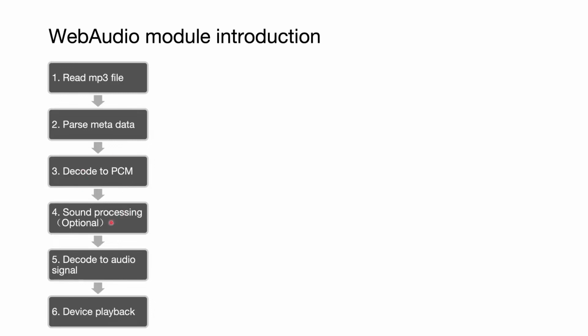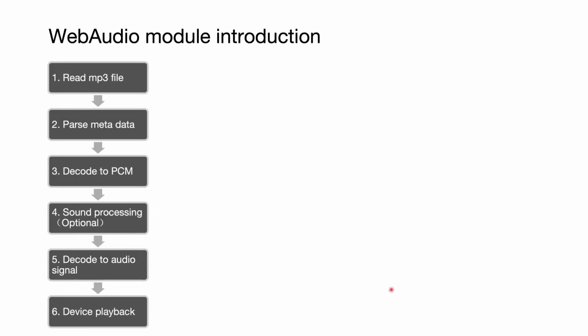Fourth, we perform sound effect processing on the PCM data, such as equalizer, reverberator, and so on. This step is optional. Fifth, we decode the PCM data into the audio signal. Sixth, we give the audio signal to the hardware for playback.